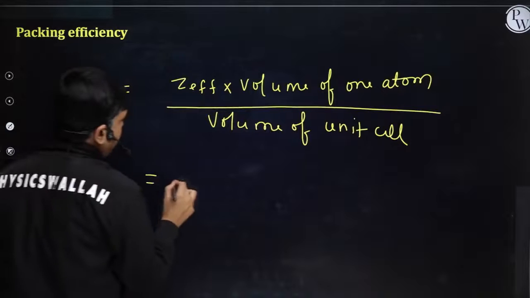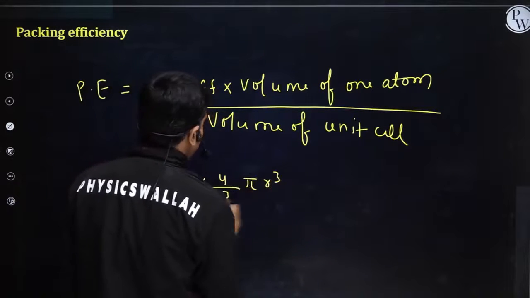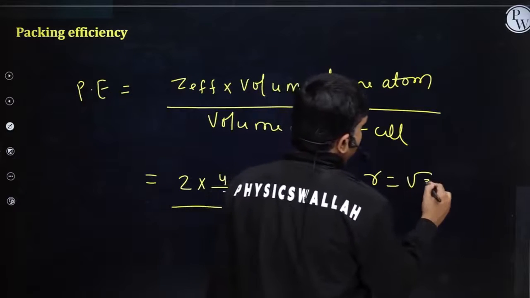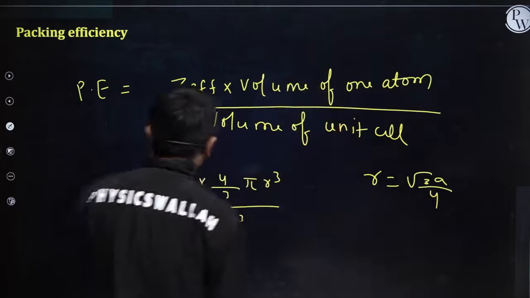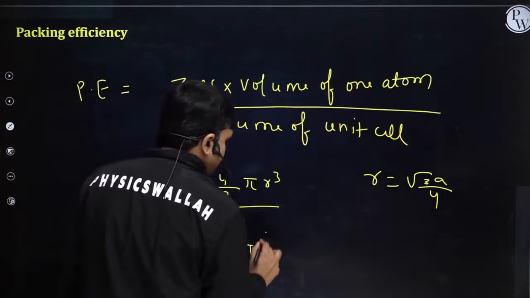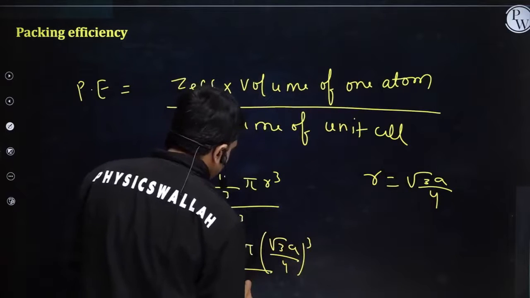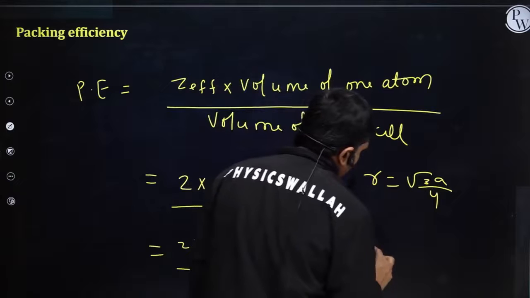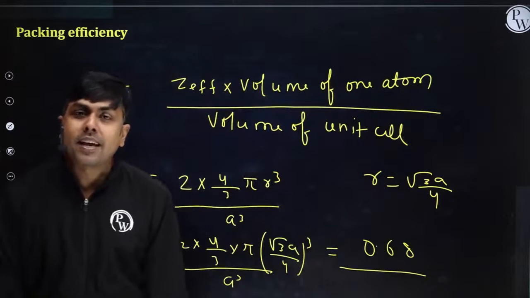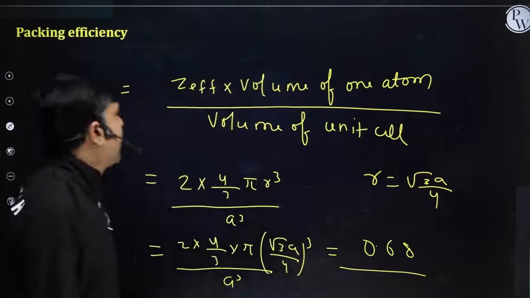What is Z effective? 2 into 4 by 3 pi r cube upon a cube. r value is root 3a by 4. Substitute the value of r. So it's 2 into 4 by 3 pi (root 3a by 4) whole cube upon a cube. So it's 0.68, students. The packing efficiency in case of body-centered cubical unit cell is 68%.